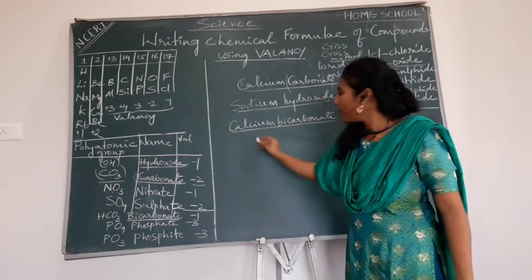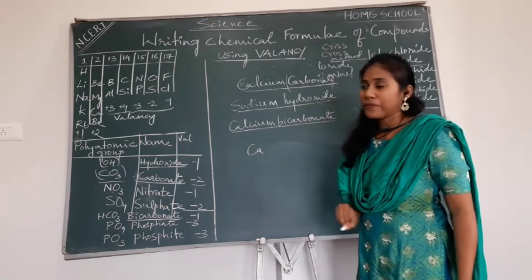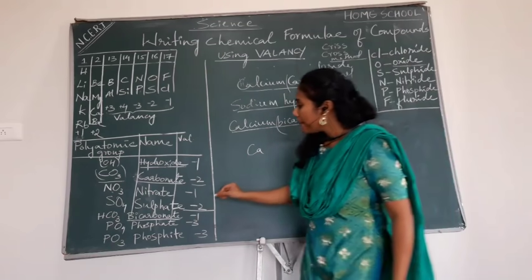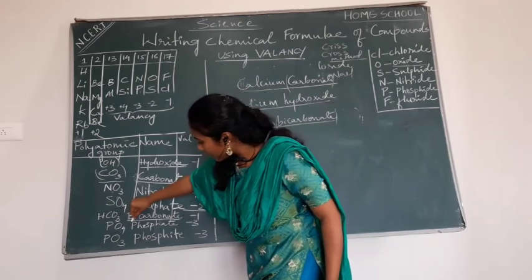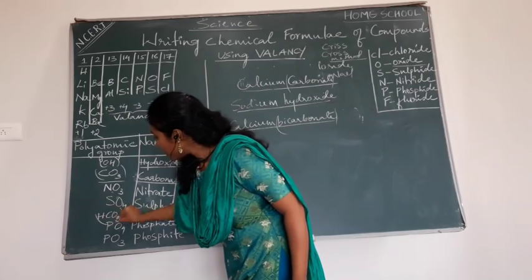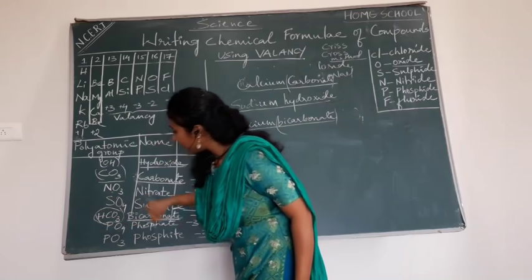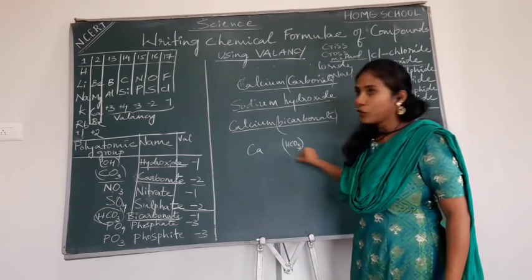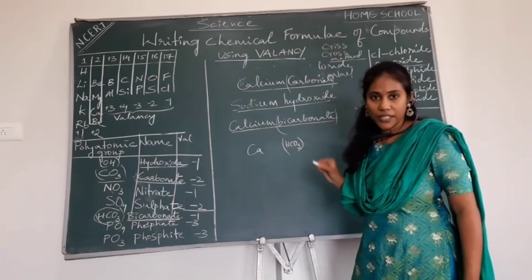Calcium is the element. What is the symbol? Ca. Bicarbonate, it's a polyatomic group, no? So bicarbonate, where did I mention? Here. This is bicarbonate. See its formula? HCO3. This is bicarbonate. Okay? HCO3, big group, so mention it in a bracket.